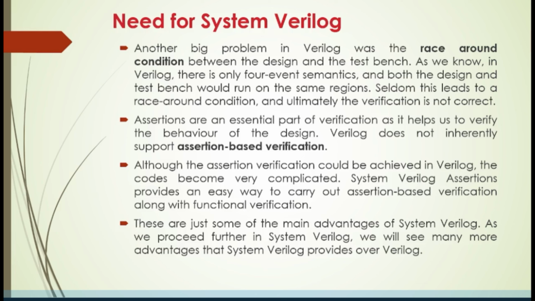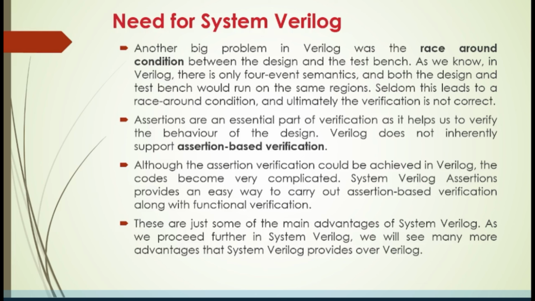So basically the main disadvantage in Verilog is that you have only limited regions for execution. How many regions do you have in Verilog? You have four event regions: active, inactive, NBA, and postponed. All the code you write in Verilog should be executed within these four regions.